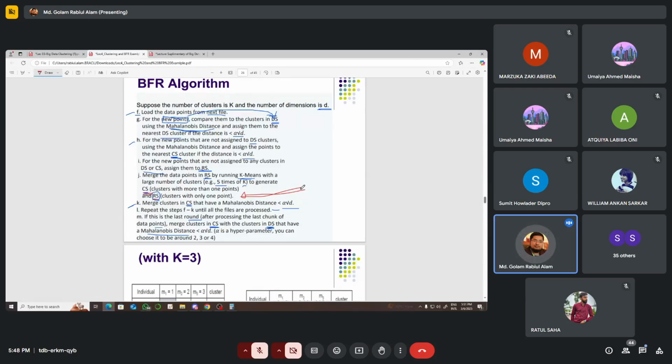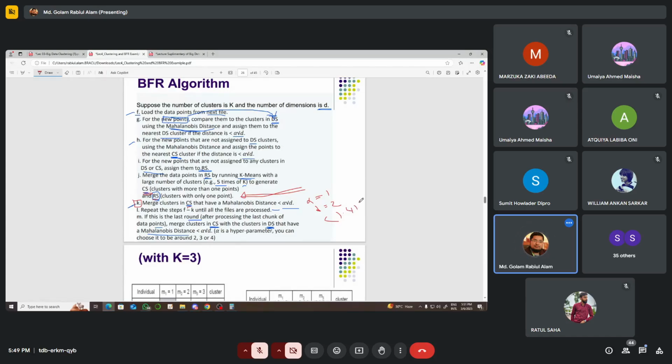Then the next thing you have to do is try to merge clusters of CS that have the Mahalanobis distance less than alpha. Considering alpha equal to 1 and our dimension D is 2, the MD must be less than 1.414.